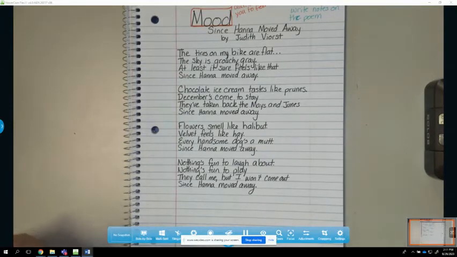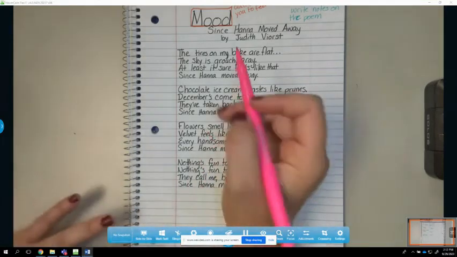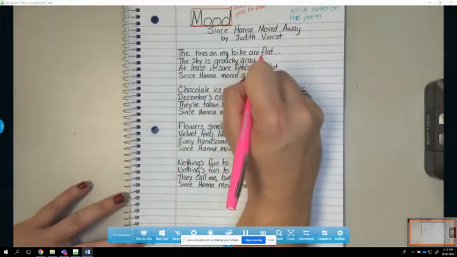So earlier, I believe last week, we talked about word choice, and that is a big part of what helps us with our mood. So I'm going to go back through this line by line and start paying attention to the words that the author is using in order to better understand the poem. The tires on my bike are flat.